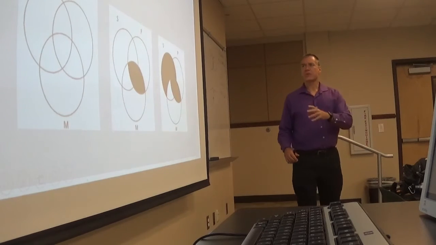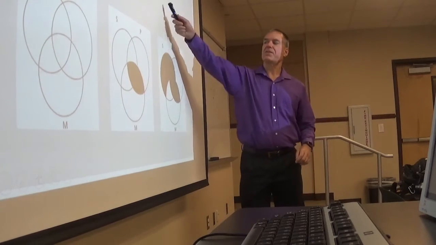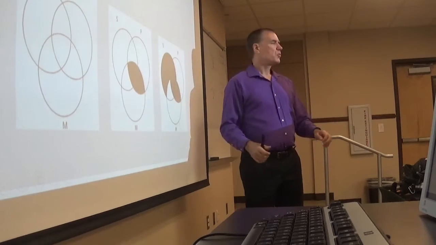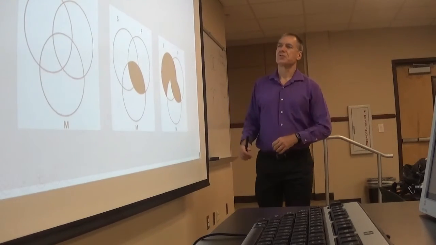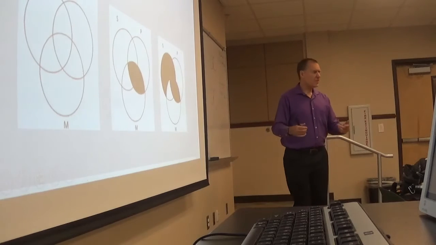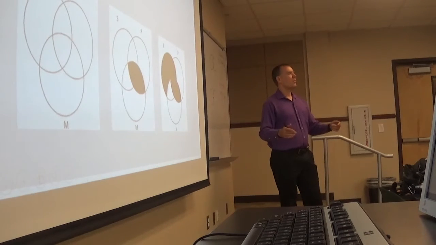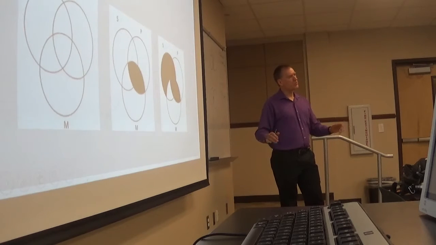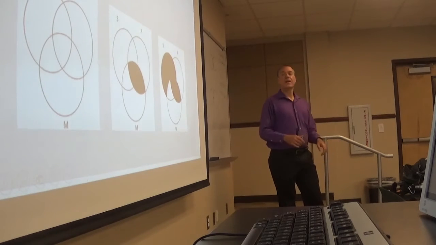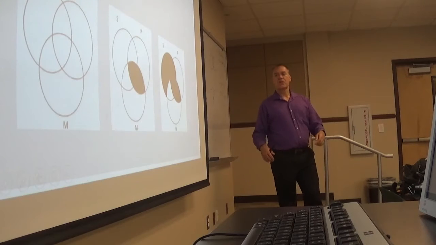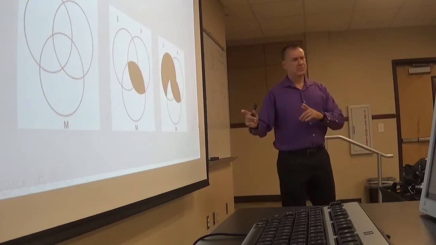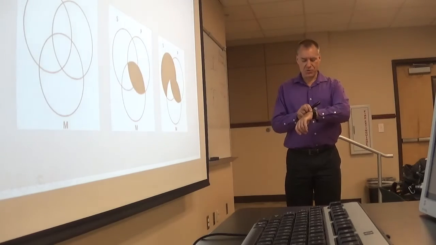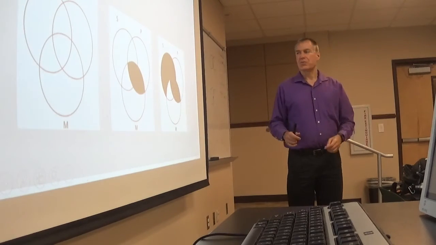Well, what you're looking for is to see if the diagram, unmodified, gives you the conclusion with certainty. Because as you recall, a valid argument is such that if all the premises were true, the conclusion must be true. Not could be true, but must be true. So you have to be able to look at the diagram and say, 100% certain, if all the premises are true, then the conclusion must be true.